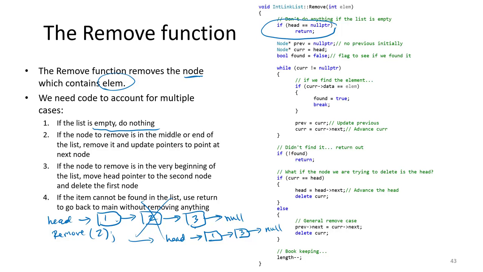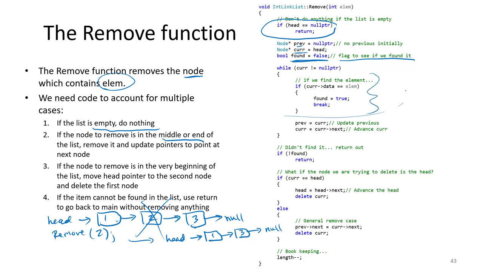If the node that we want to remove is in the middle or the end of the list, then we can use our usual procedure that we learned in order to remove the node. So notice what we do is we declare current and previous pointers and a flag variable to check whether we found the value we're looking for.